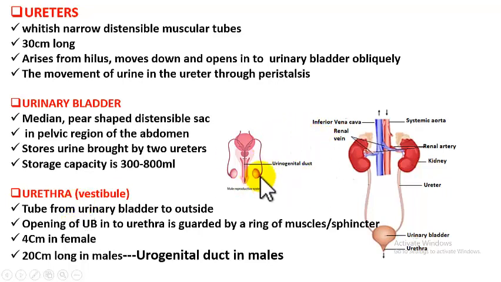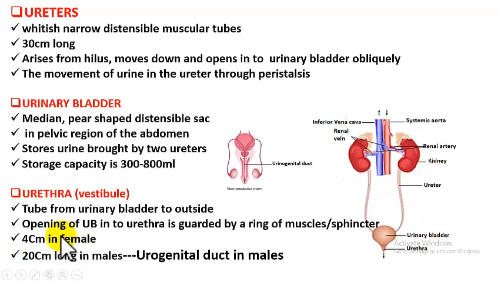So urethra ne males lo urinogenital duct antaru, because through the urethra the sperms as well as urine are passed. Sperms, urine rendu veltayi kabatti urinogenital duct antaru, whereas in females only the urine passes through the urethra and it is short, that is 4 centimeters in length.